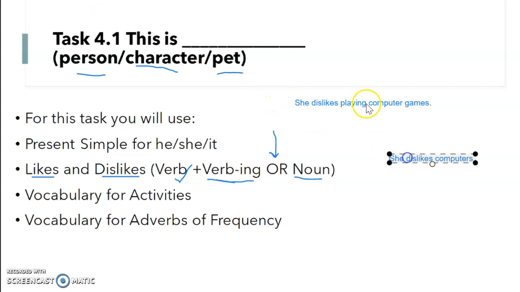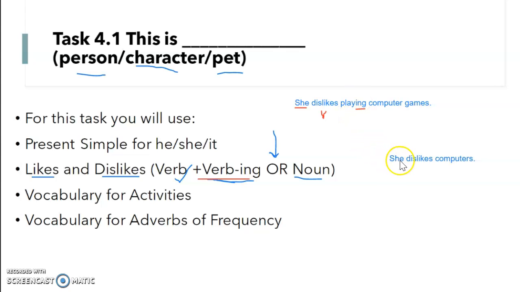In the first example here, the subject is she. Our verb is dislikes. Then we have the verb with ing. Okay, so that's here. Verb plus verb ing.